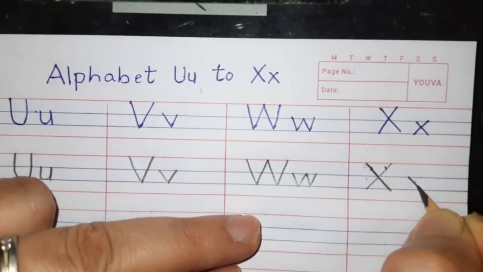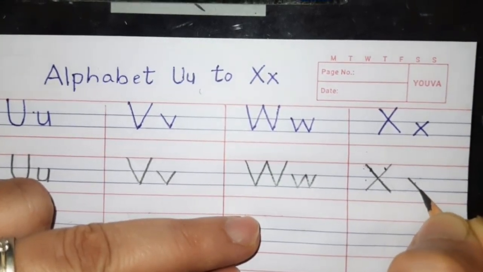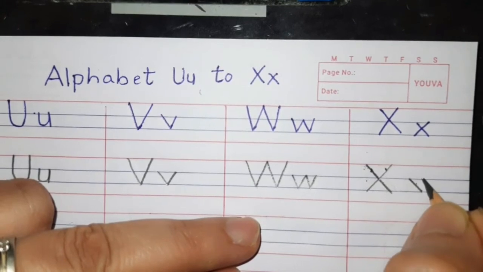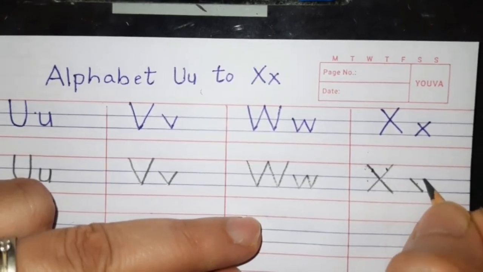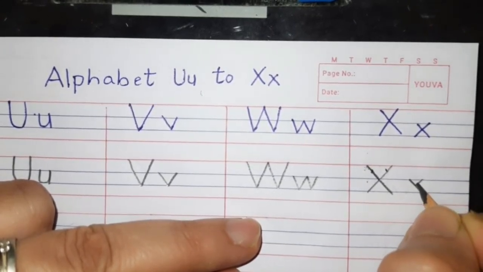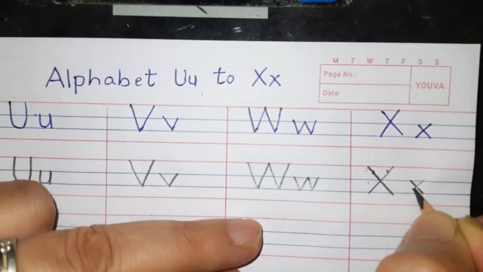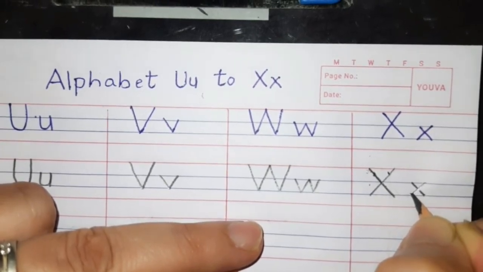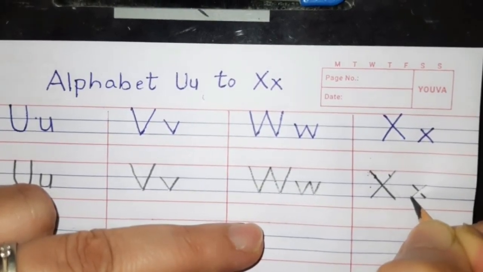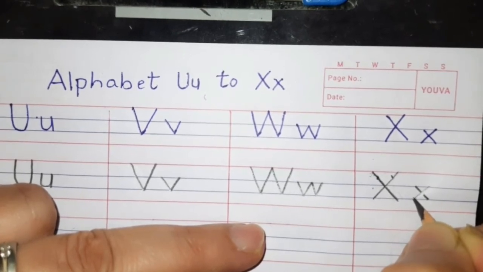Slant down, touch the second blue line, then again start from the first blue line, slant down, cut it and come down slant and touch the second blue line, small x.